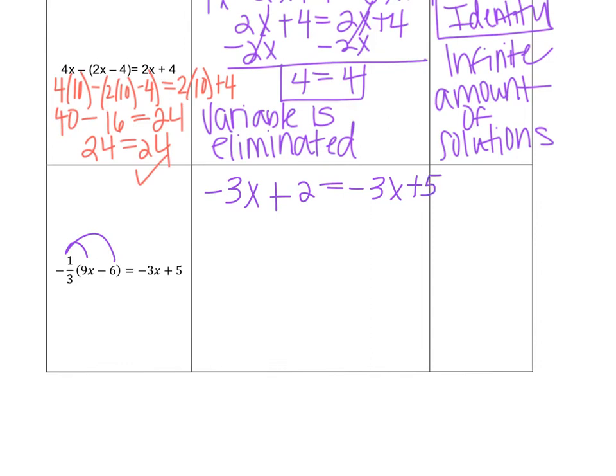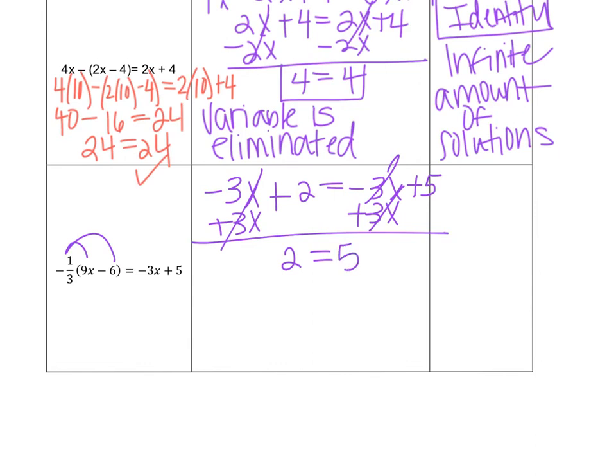So same thing, I need to get all my variables on the same side. So I'm going to add 3x from this right side and bring it over here to this left side so I can get all of my variables together. And once again, I've got negative 3x plus 3x, so that variable's eliminated because that would equal 0. So I'd have 2 equals, and then negative 3x plus positive 3x is 0.